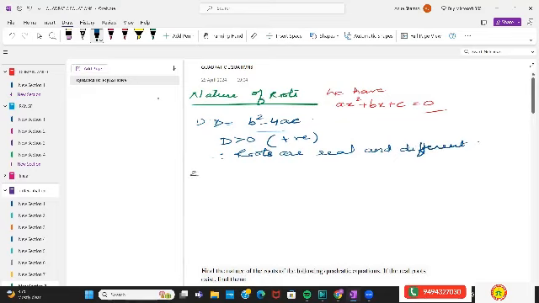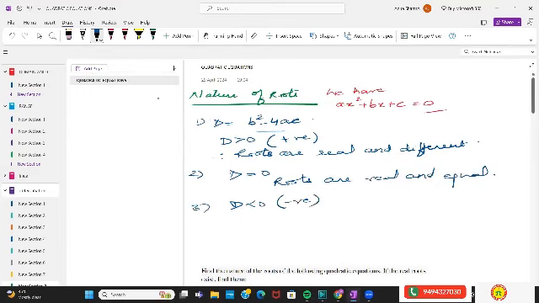Now in the second case, if the discriminant is equal to 0, then roots are real and equal. And third, when the discriminant is less than 0, it means all the negative values.